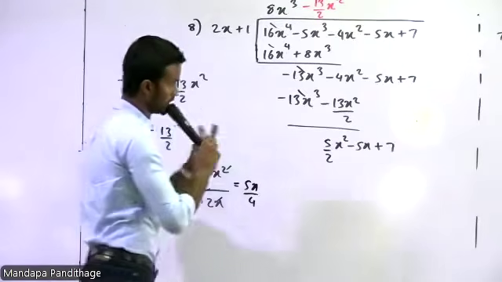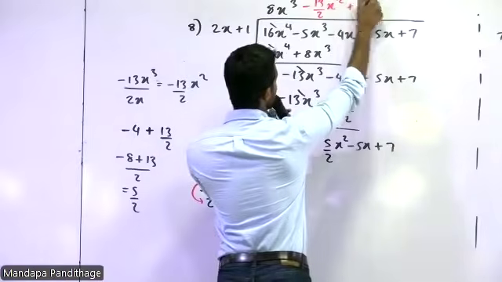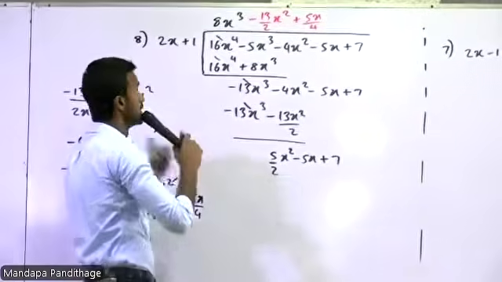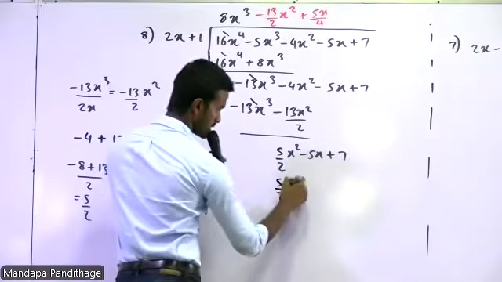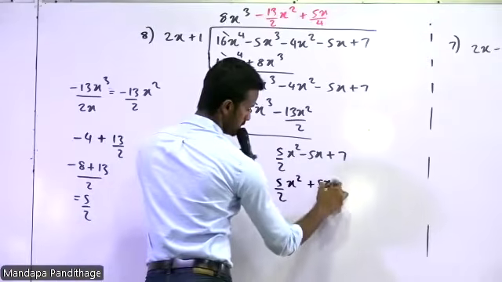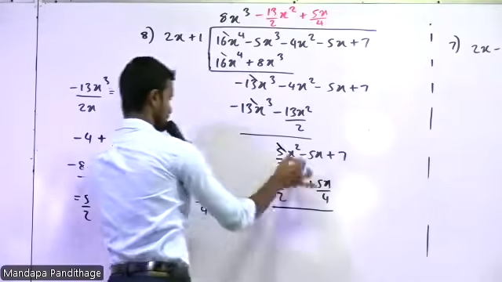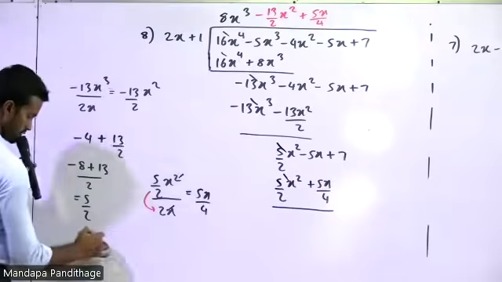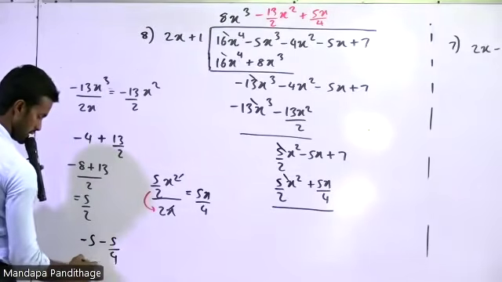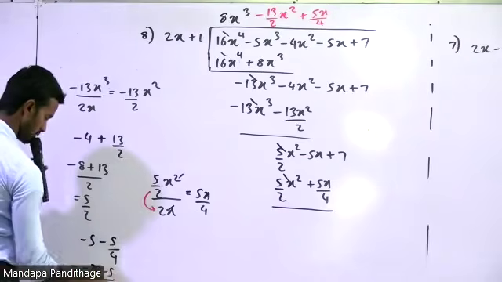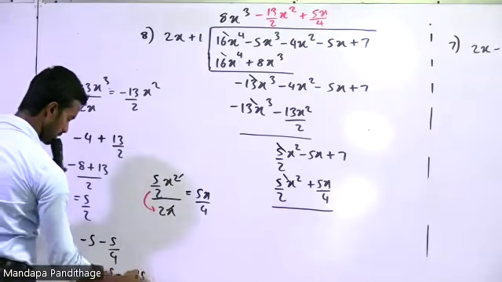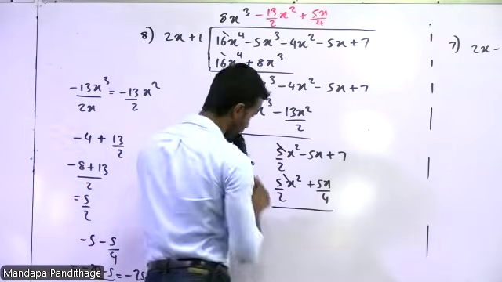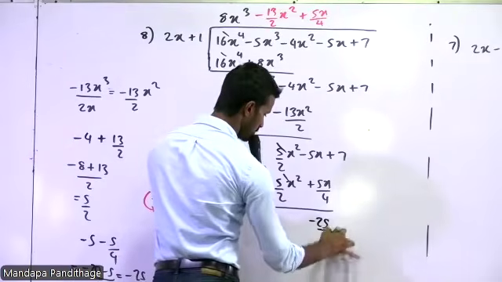So what do you get when you divide this by this? It's 5x over 4. Multiply this. When you multiply, you don't have to check. You are getting this answer of 5x over 4. Okay, again these two cancel off. Minus 5x minus this. Minus 5 over 4 gives you minus 20 minus 5 over 4, which is minus 25 over 4x.